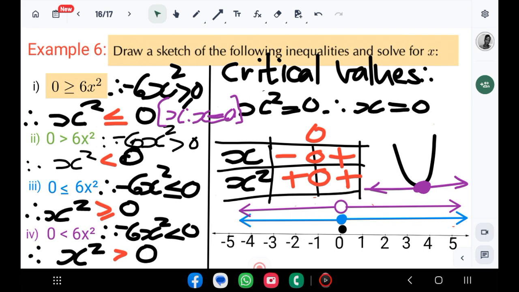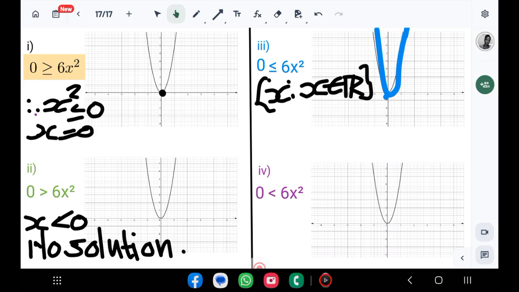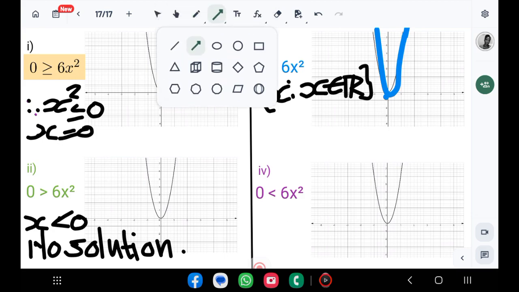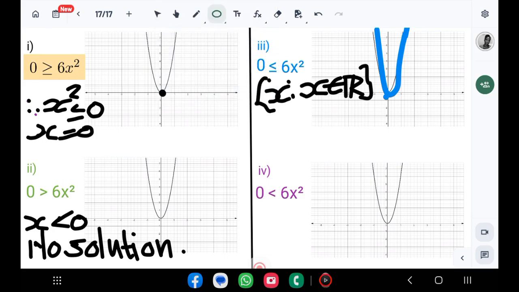But how first do we present that in a graph where x squared is greater than 0? We're looking at the point where your graph is positive, but the 0 bit is not included. So we'll put a hollow on the 0. There is the hollow, and it should be purple there to show that 0 is not included.